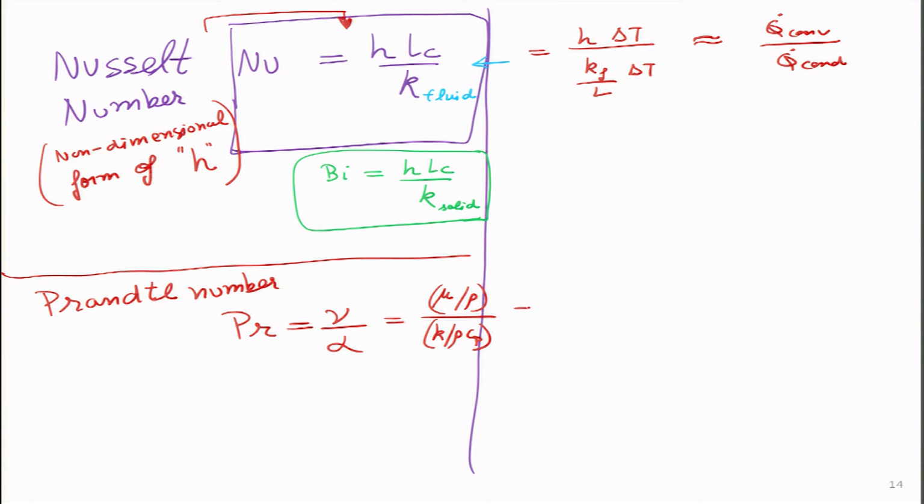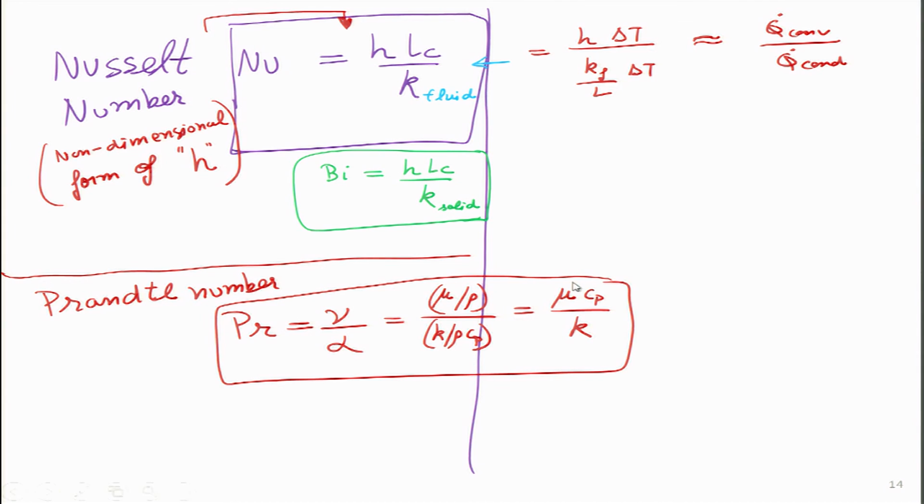So, if we take these ratios, essentially what we are telling is that this particular parameter is Prandtl number. So, this again is a non-dimensional number.